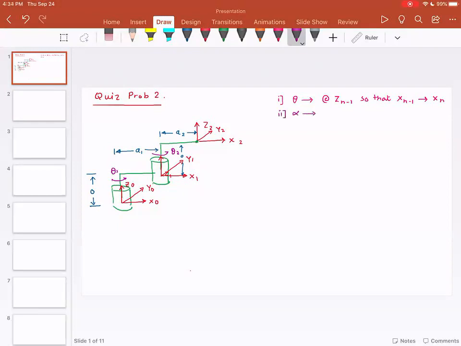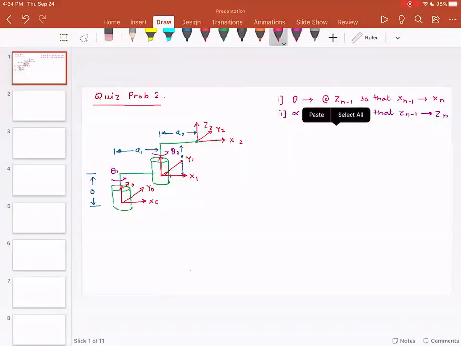Alpha is the rotation about Xn so that Zn minus 1 is aligned with Zn. Now, please understand these rules have some sort of similarity. So theta is about Zn minus 1, which is trying to align Xn minus 1 to Xn. Alpha is about Xn to align Zn minus 1 to Zn.